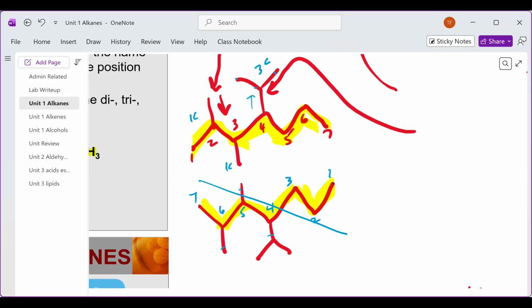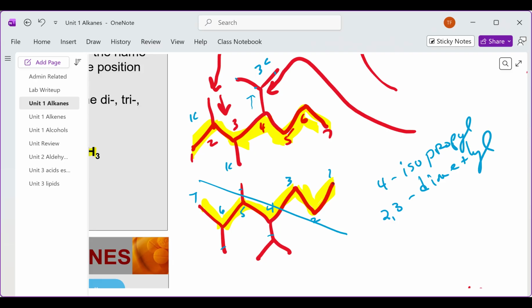Okay, so we've got 4 isopropyl, and we've got, okay, so which do we put first, the isopropyl or the methyl? Notice I didn't say dimethyl, methyl. Well, we're going to alphabetize them.